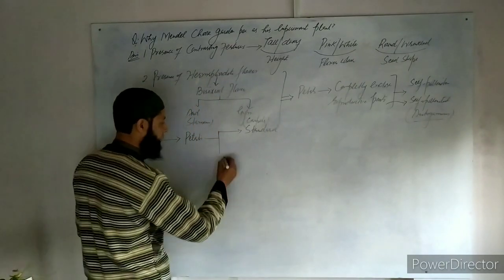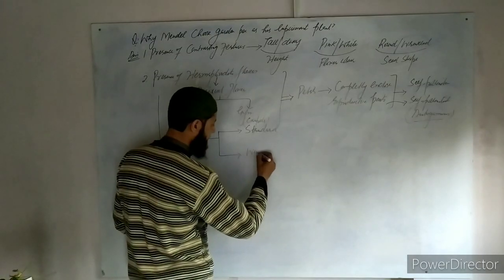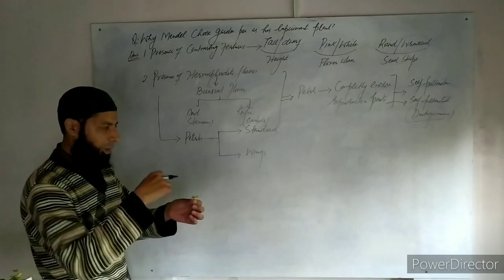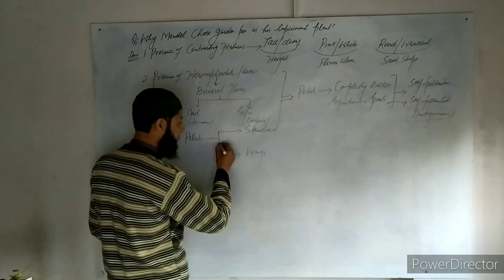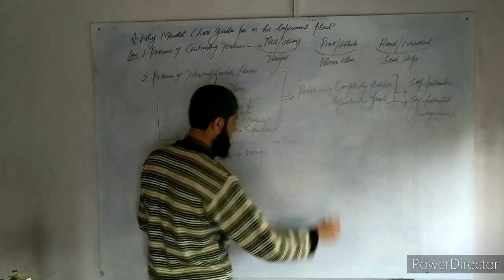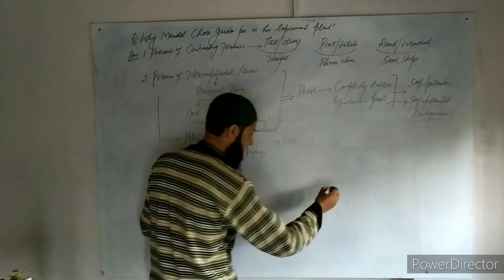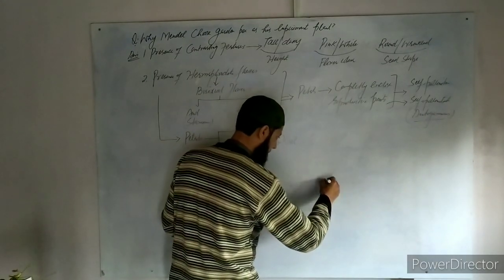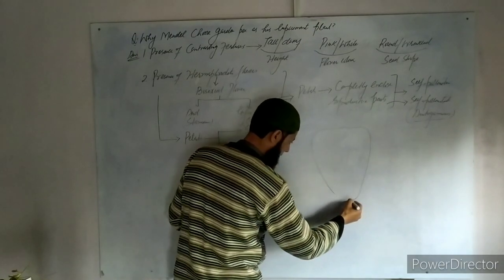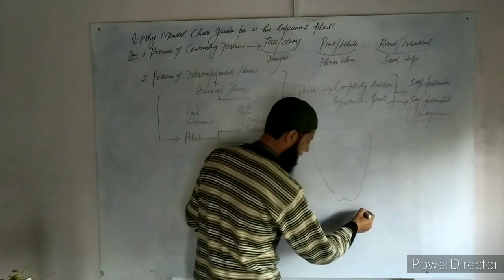It is surrounded by 2 wings, and inner to these wings is another one that's called keel. If we show this flower like this, it is a standard.